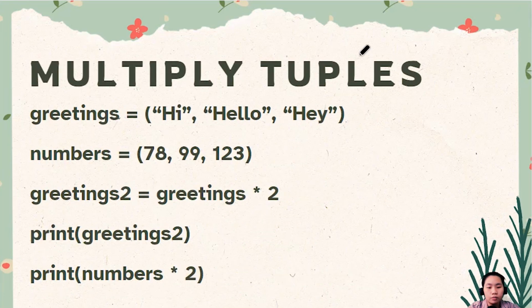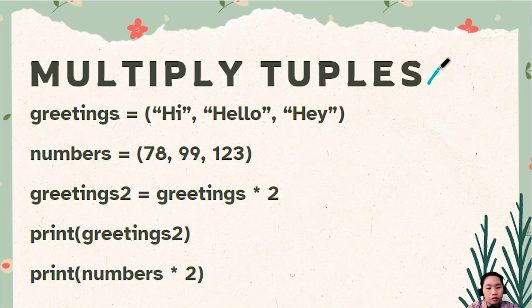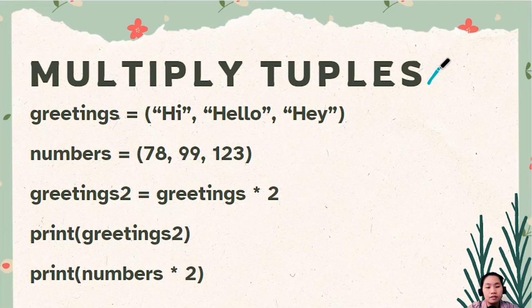Next up, multiplying tuples, which is a little bit different from joining them, because when you join them, it's kind of just like adding them, and all of the values that you join stay in one place together. But with multiplying tuples, it's more accurate to say that this is duplication, okay? So I have greetings numbers, right?